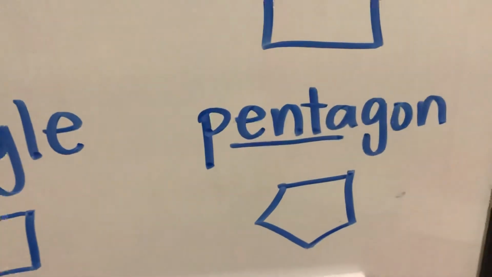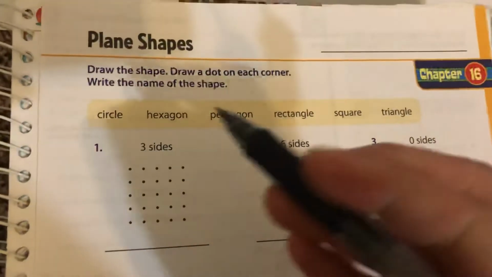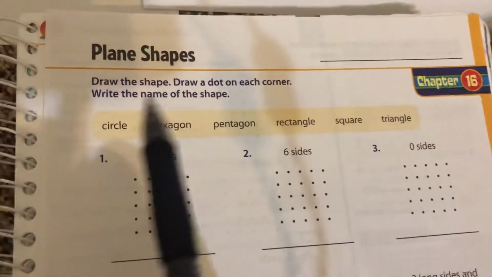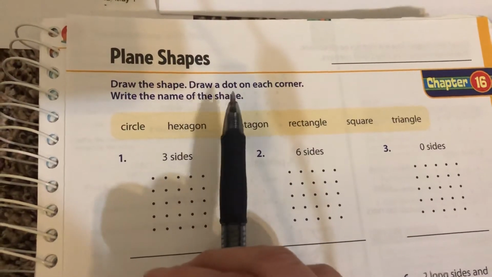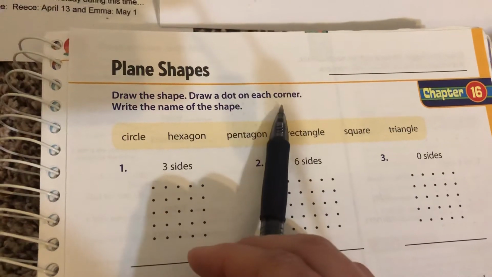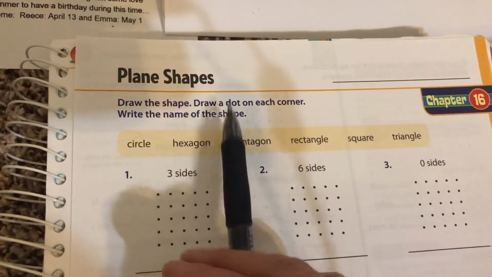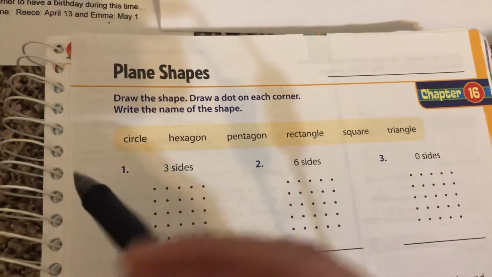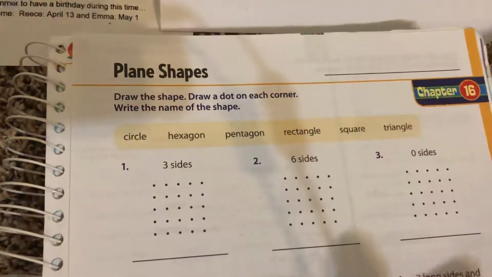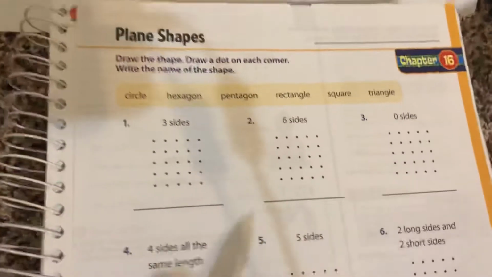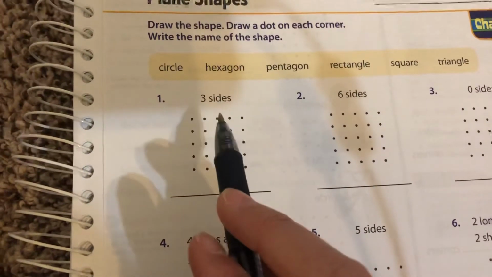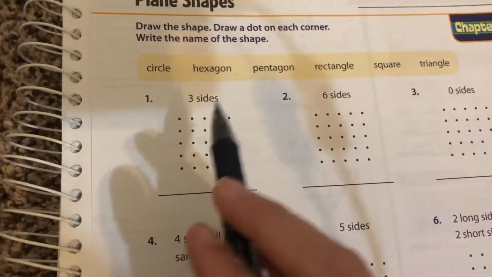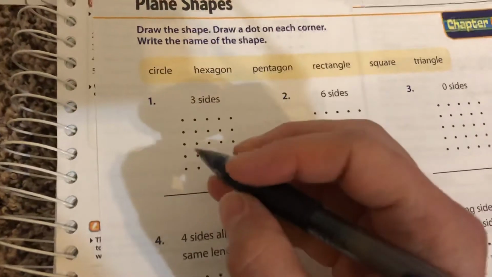All right? So now that we've discussed that, let's take a look at your assignment. The directions say, draw the shape. Draw a dot on each corner. Write the name of the shape. That is 3 things I have to do. Goodness gracious. All right, number 1, 3 sides. I can recall in preschool learning a triangle has 3 sides.